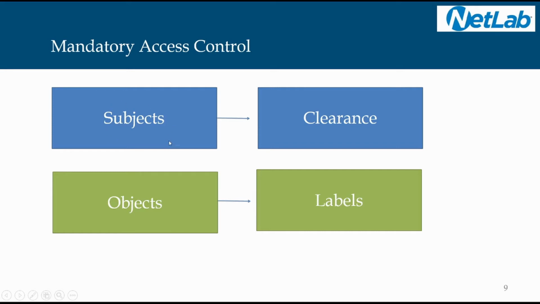Now, any subject cannot access any object. In the access control method, every subject has something known as clearance and every object has something known as labels. And these parameters have to be matched perfectly in order to have the mandatory access control.